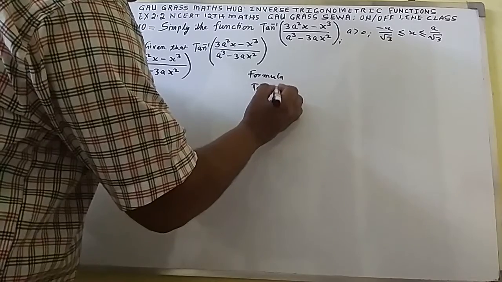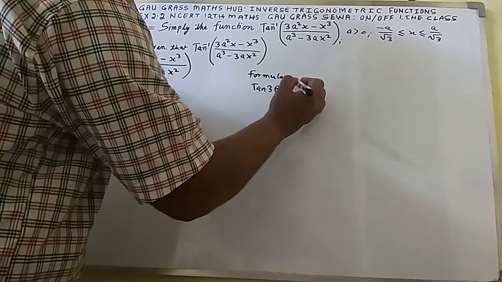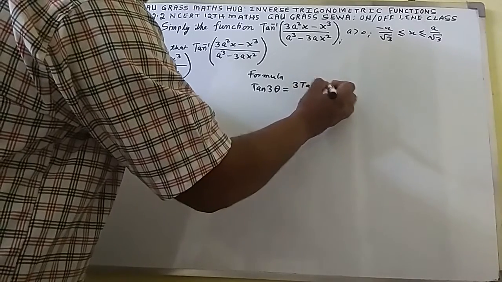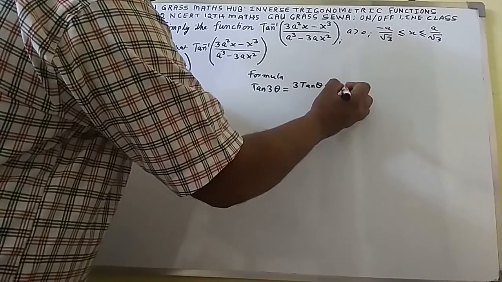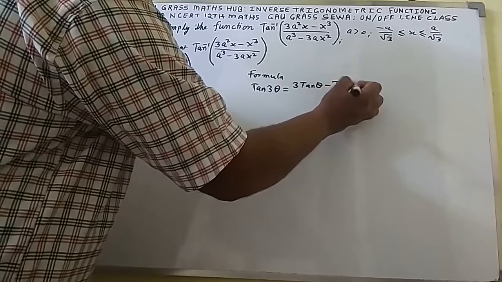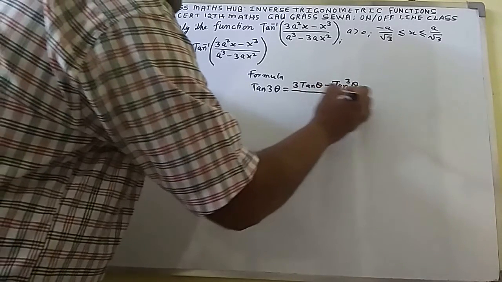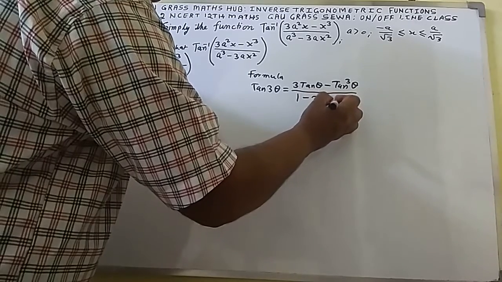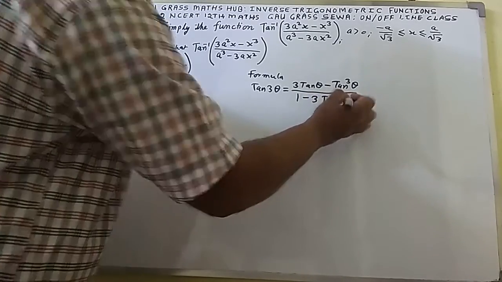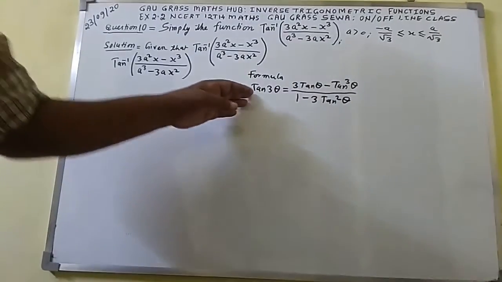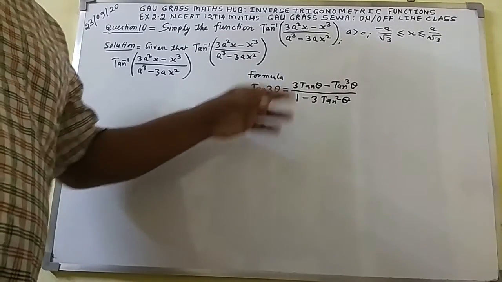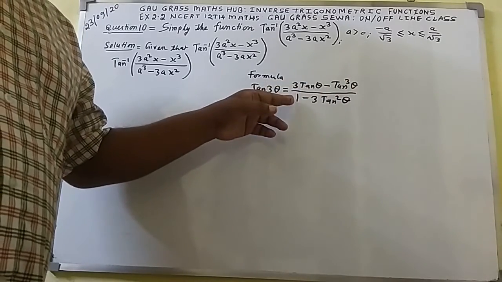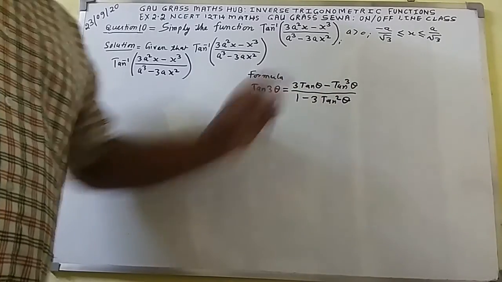tan 3 theta equals 3 tan theta minus tan cube theta, whole over 1 minus 3 tan square theta.